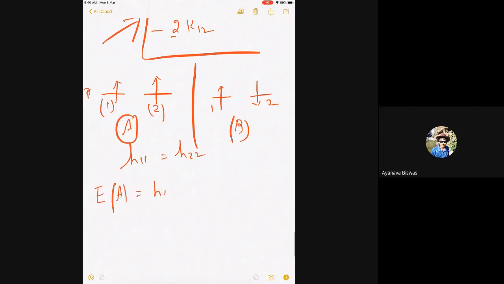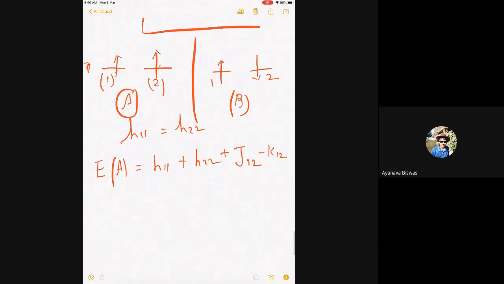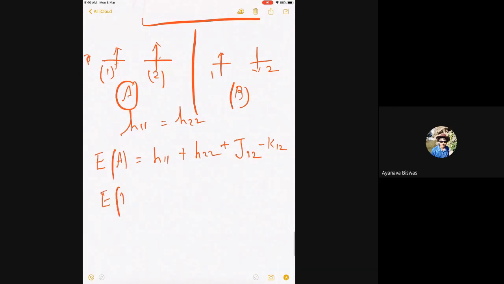It will be H11 plus H22, okay, plus, now how many pairs are there? Only 1 pair, so plus J12. But there is a parallel pair, so there is a minus K12 here for the system A. For the system B, it is identical, H11 plus H22, but I have only an anti-parallel pair, so it is going to be J12, and I stop here. Is it clear?